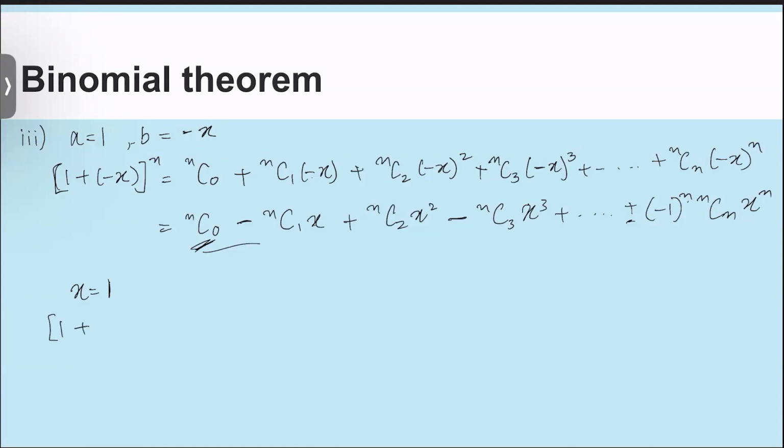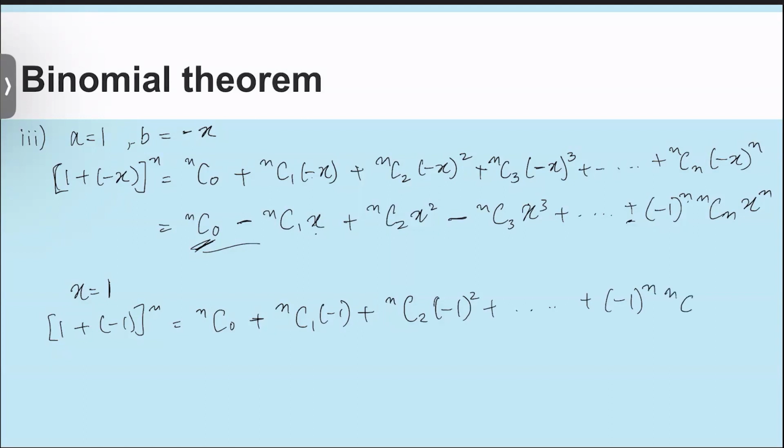So now you have (1 plus minus 1) raised to n. Okay, so you substitute your minus 1 everywhere. So you have nC0 minus nC1, then nC2 times minus 1 raised to 2, plus all the way up to nCn times minus 1 raised to n.